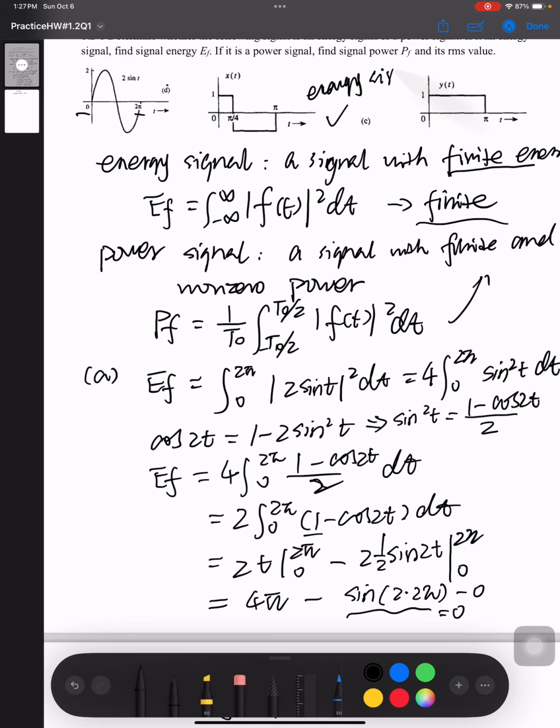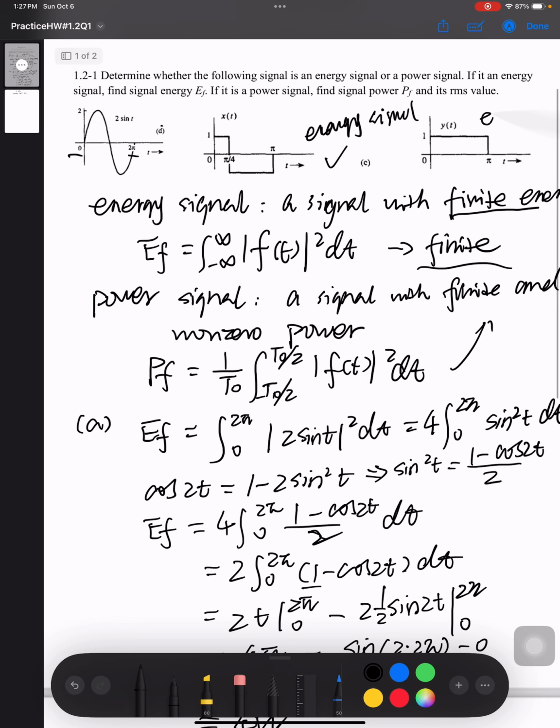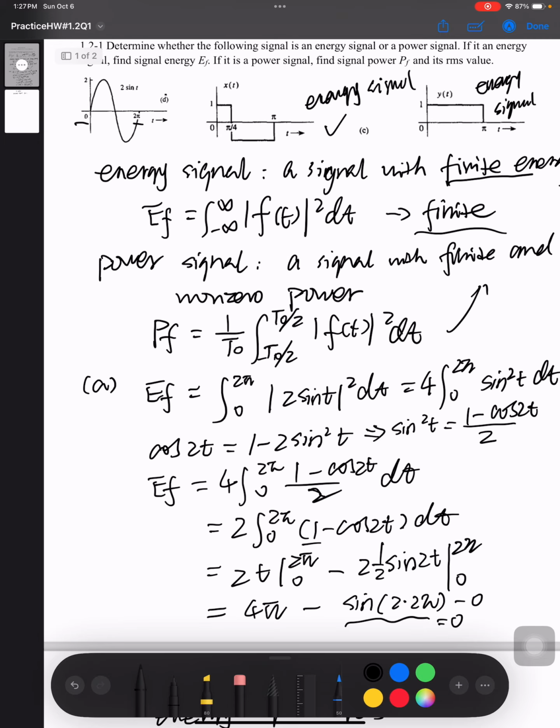And for the third question, it's also an energy signal, because the range of t is limited, so the integral is finite, so its energy is finite. So they are all energy signals. What we do is just calculate their EF.